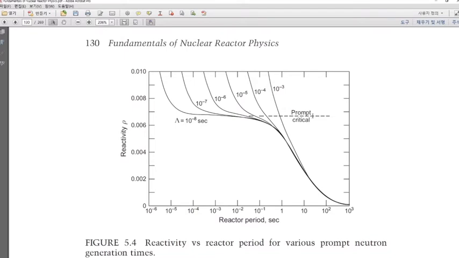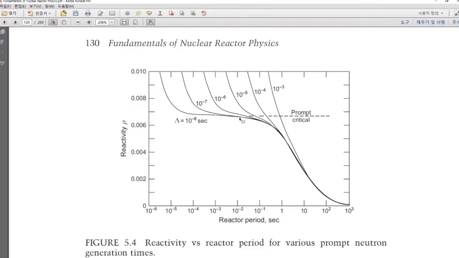So what is prompt critical? This is the situation when criticality is maintained only with prompt neutrons. In such a case, when the prompt generation time is the smallest, then from this point the reactor period decreases very, very rapidly as we slightly increase the reactivity.